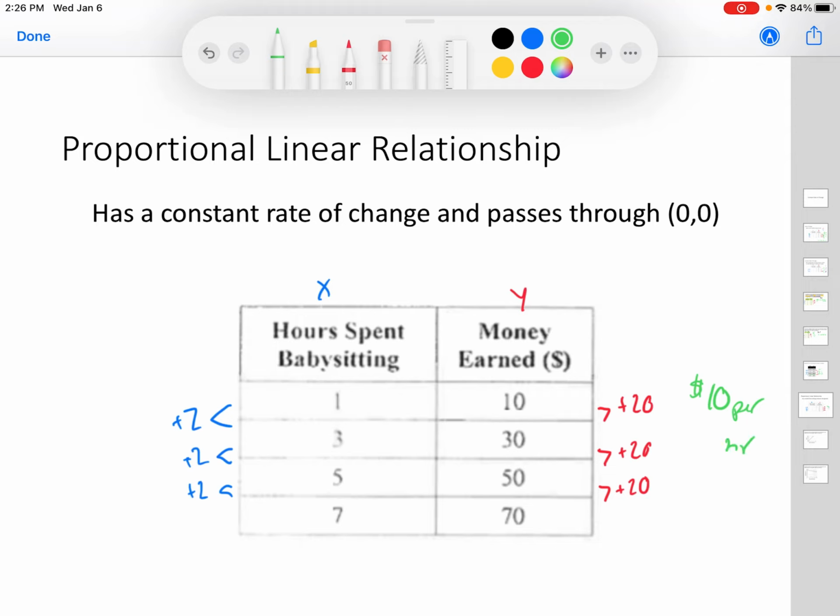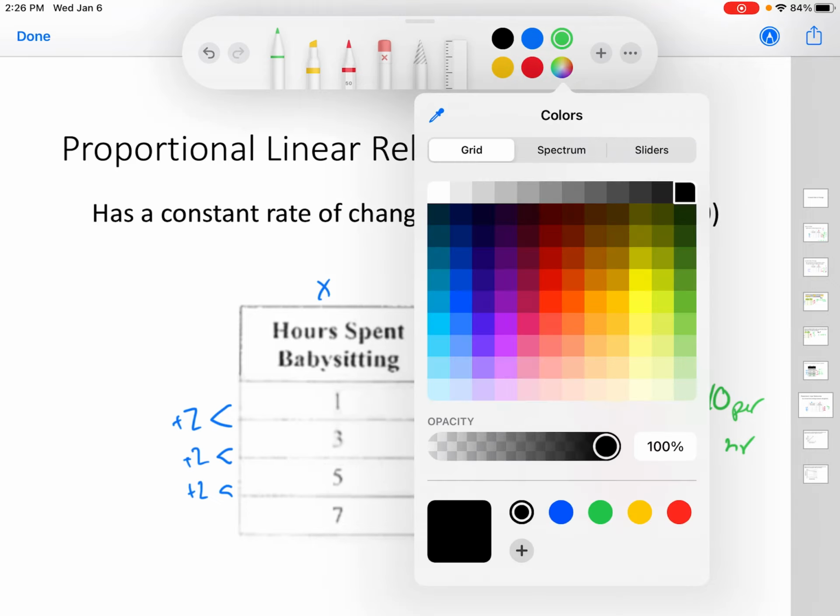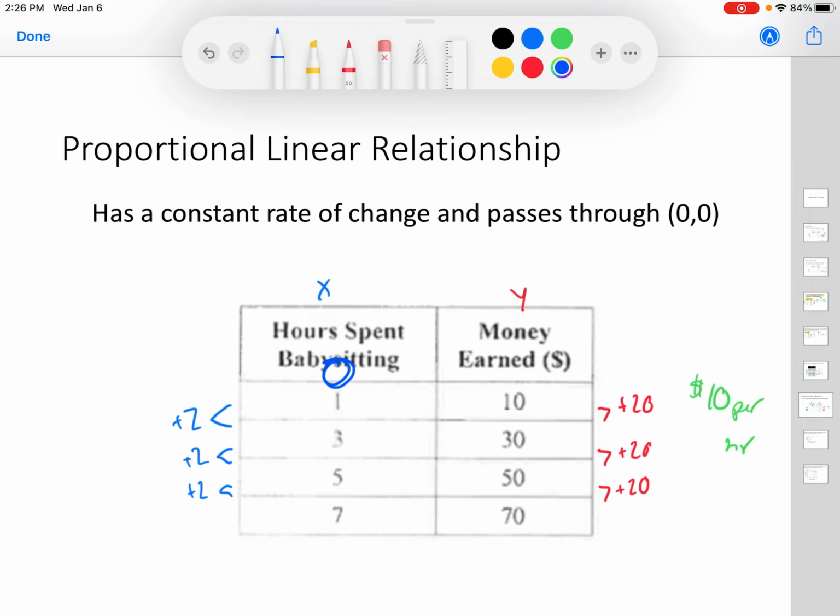So we have to figure out if this set of points goes through 0, 0. And how we're going to do that is we're going to want to walk it back to where we have 0 hours.